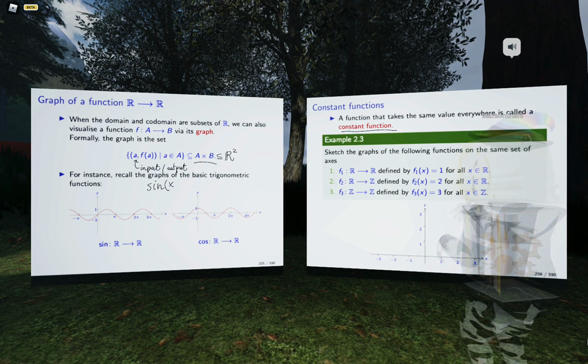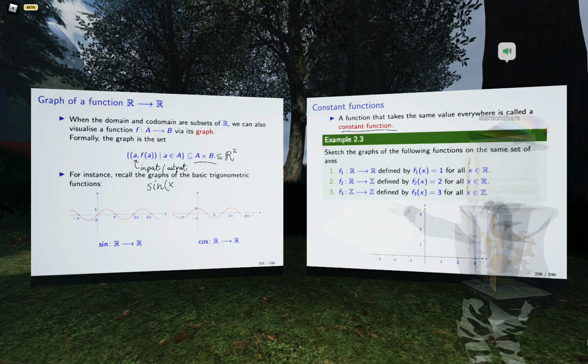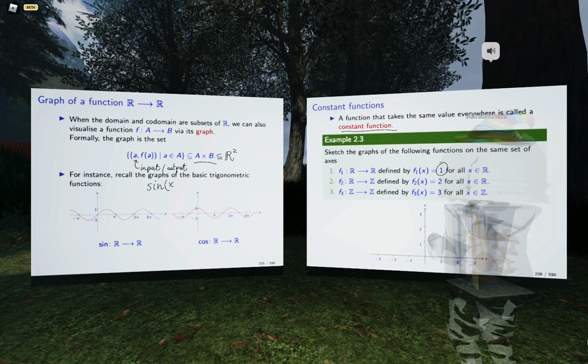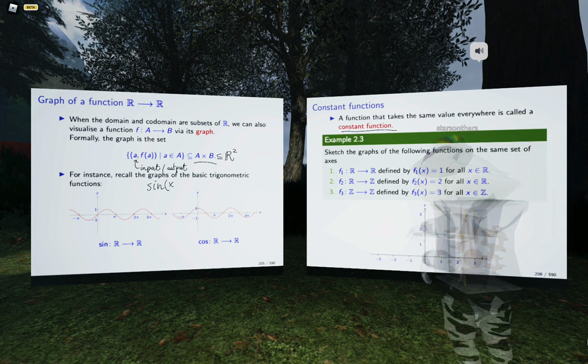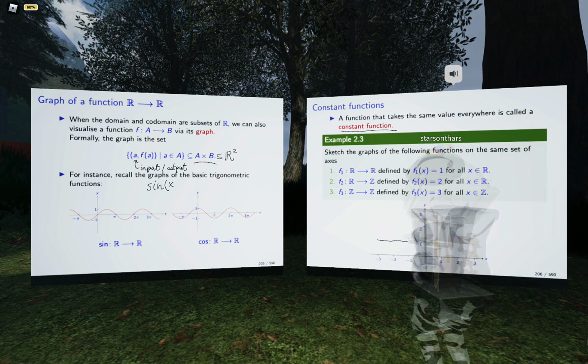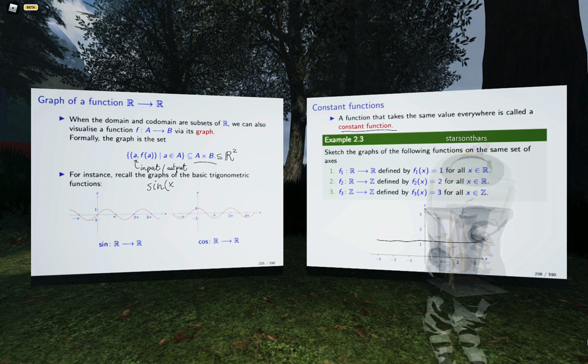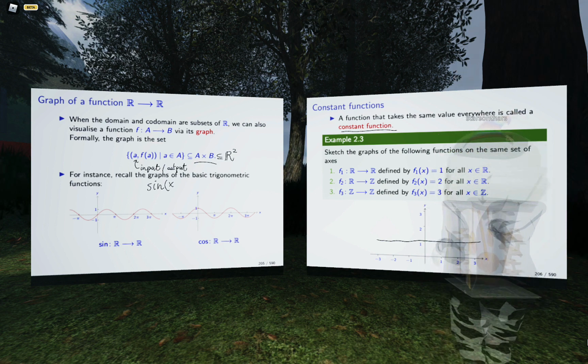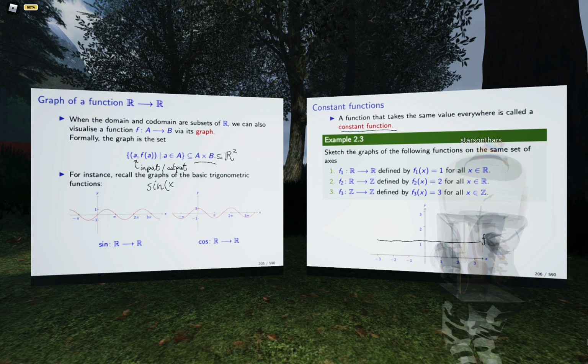Let's draw its graph. Well, the graph is going to be all pairs where x is a real number and I take 1 as the second value. That's giving me the height. So that's going to be a straight line at height 1. Okay, so that's the graph of f1.